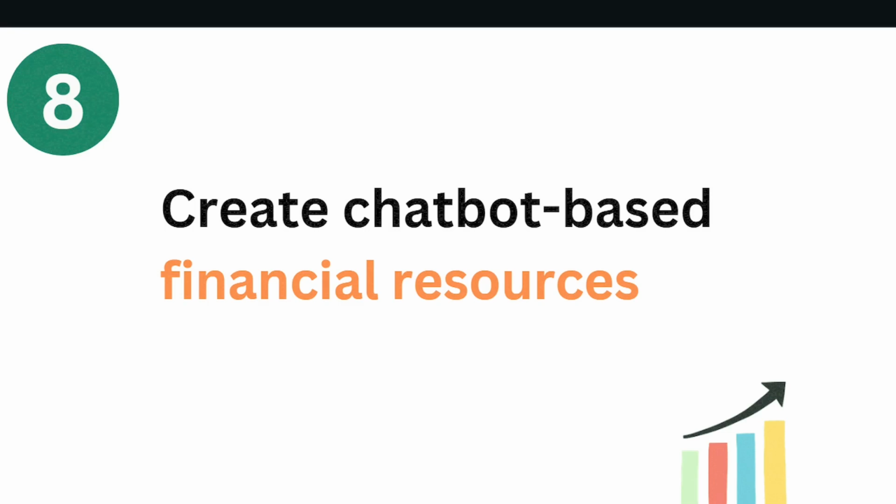With ChatGPT, you'll be able to create chatbot-based financial resources that allow users to get help with budgeting, saving, and investing. This is all about finance. So that's one way to make money through ChatGPT.